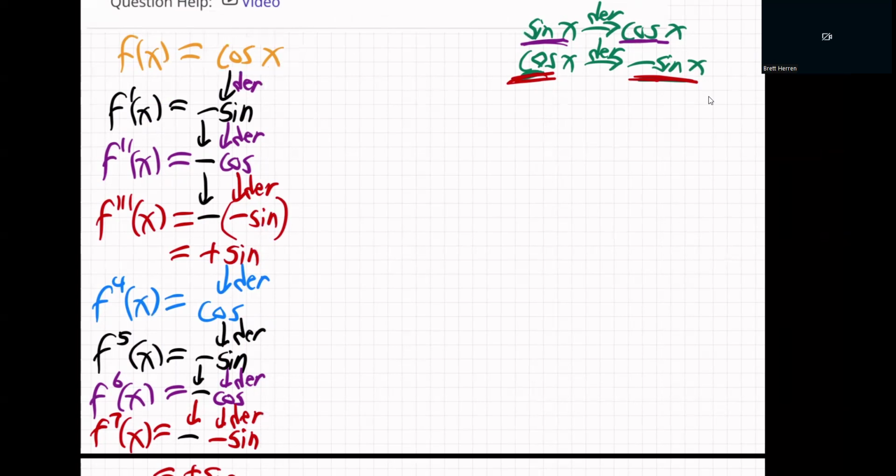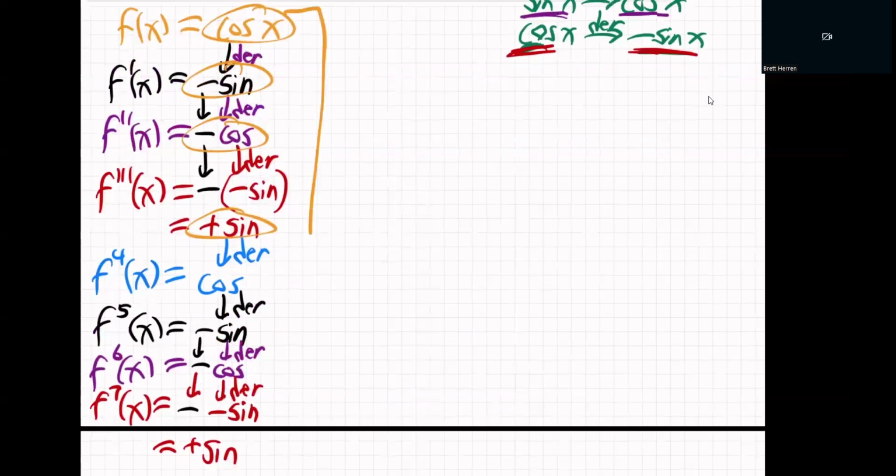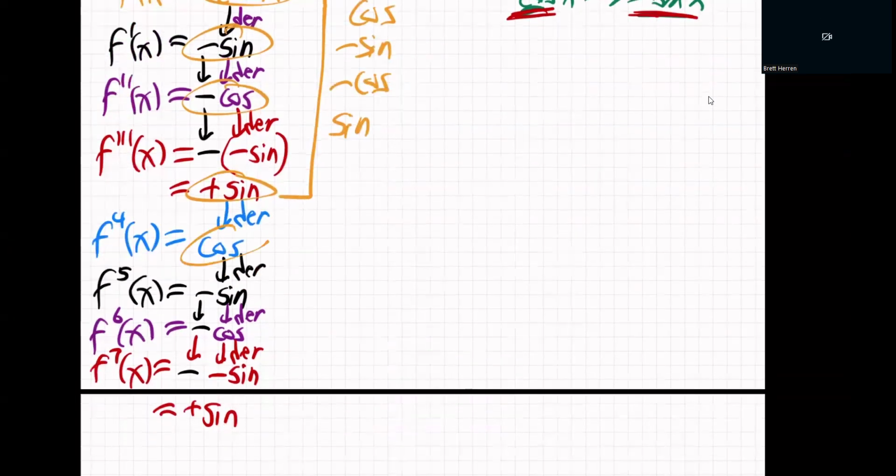Cosine, wait, let me do a different color. Cosine, negative sine, negative cosine, sine. See that four-fold pattern? Cosine, negative sine, negative cosine, sine. And then what do we have here? Cosine, negative cosine, sine.